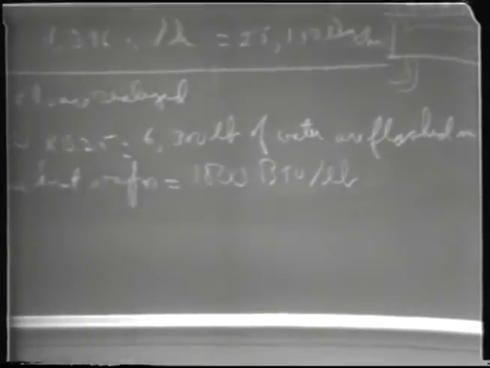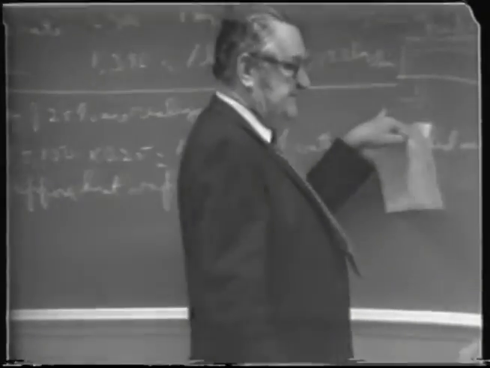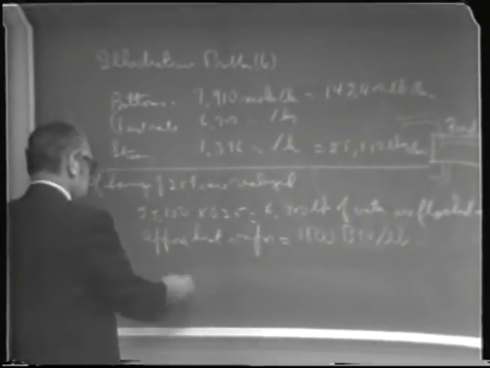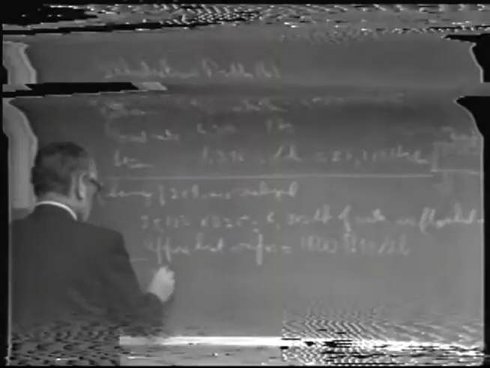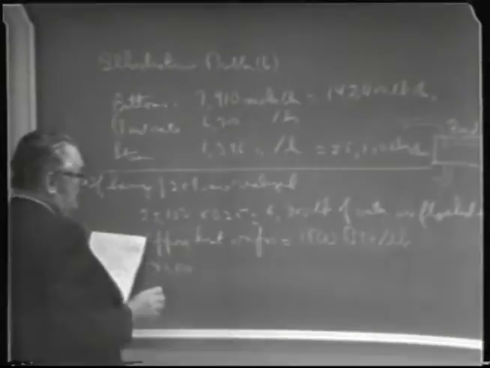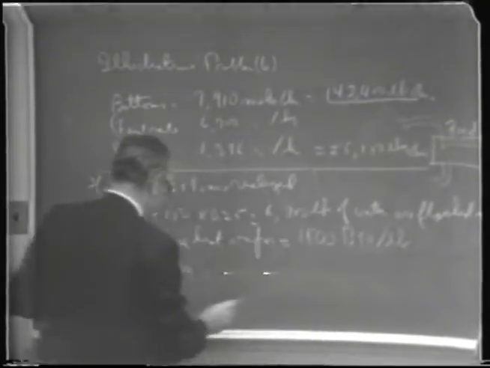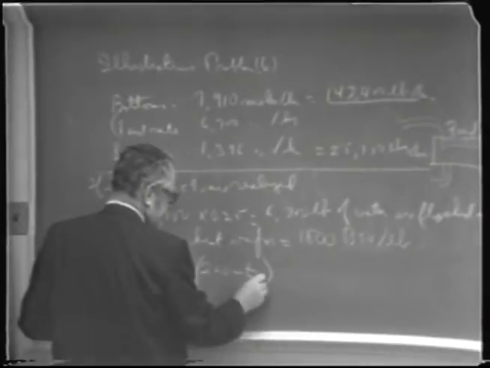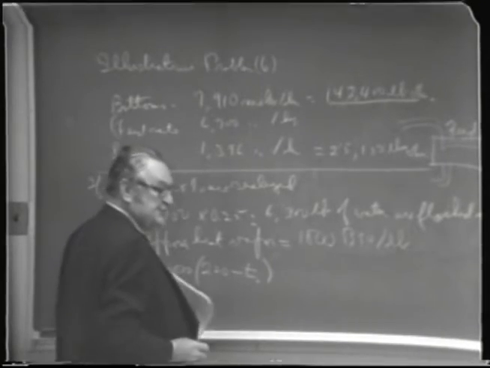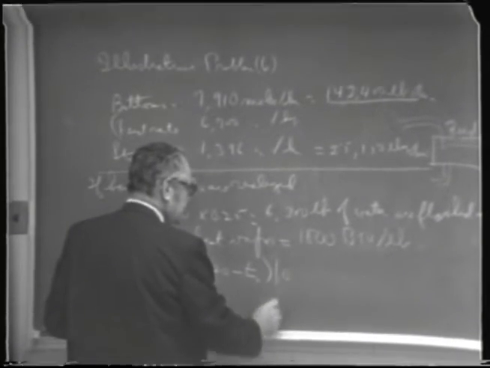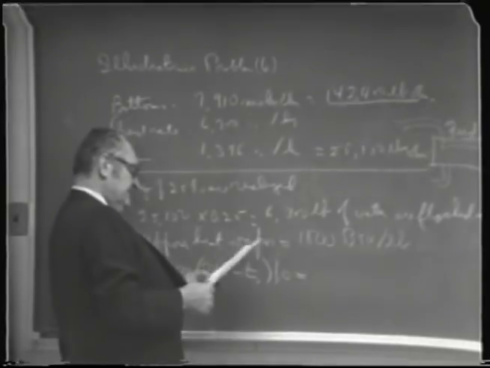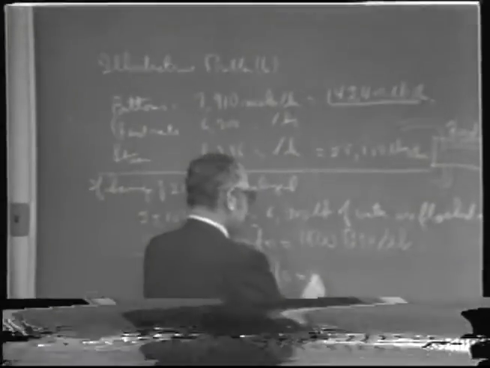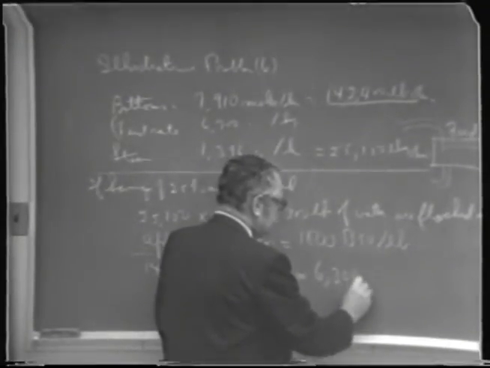So now you can calculate what the exhaust temperature of the remaining stillage would be by writing a little heat balance. 142,000 pounds of stillage times its initial temperature, 220, minus the exhaust temperature, times the specific heat, BTUs per pound, which we'll say is essentially 1, has to be equal to the amount of heat required to create this many pounds of vapor, 6,300 times 1,000.